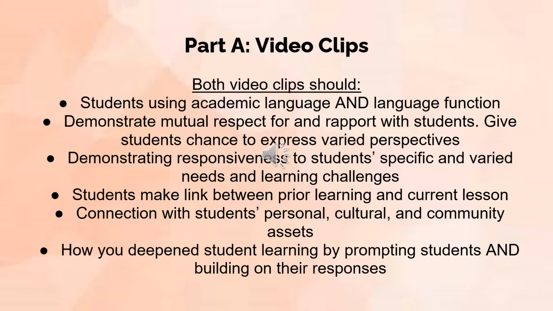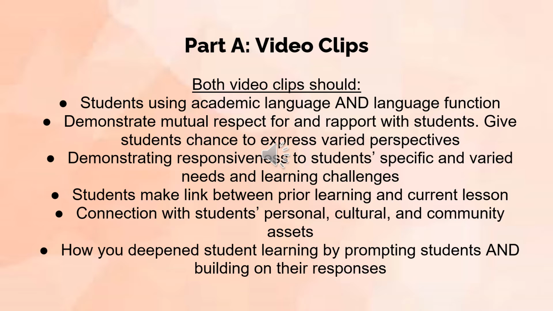The second thing is that you have to demonstrate mutual respect and rapport with students. You have to show that you have a positive environment and a good relationship with your students. You also need to give students a chance to express varied perspectives. It's important that you show that you're accepting and can talk about different perspectives within your class.